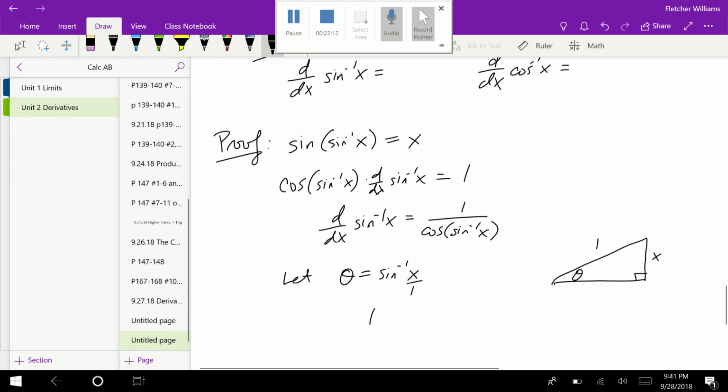Use the Pythagorean theorem, a squared plus x squared equals 1 squared, to solve for that missing side, which we'll call a. So a squared equals 1 minus x squared, and so we'll take a to be equal to root 1 minus x squared. As you can see, the way we've drawn this triangle, it is positive.